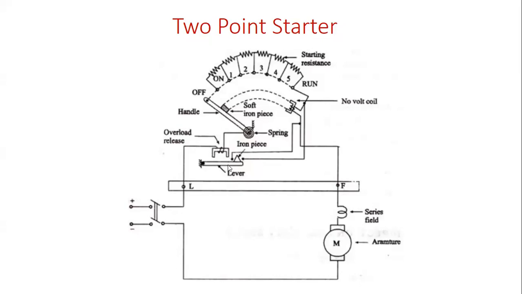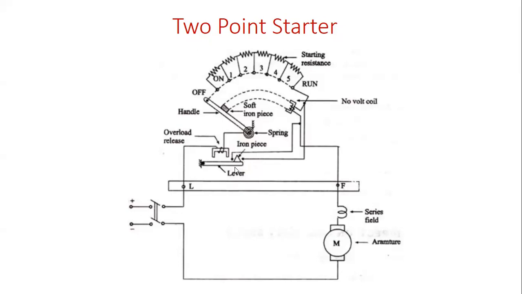If you look deeper, we can see that in the lever there is a small gap available in the iron piece, between this dark black point and this iron piece, right?